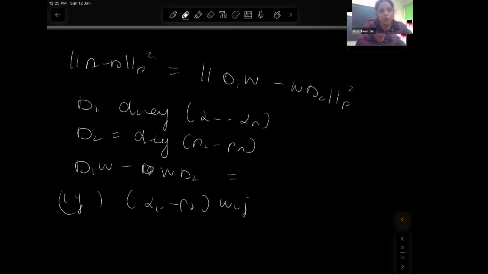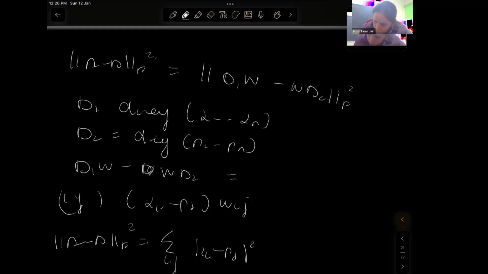So the Frobenius norm square is nothing but the sum of the modulus square of all the entries. So norm A minus B Frobenius square turns out to be the summation over i, j of mod alpha i minus beta j square times mod Wij square. Now here I get a mapping.